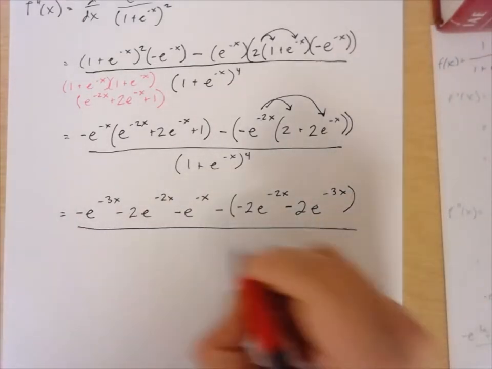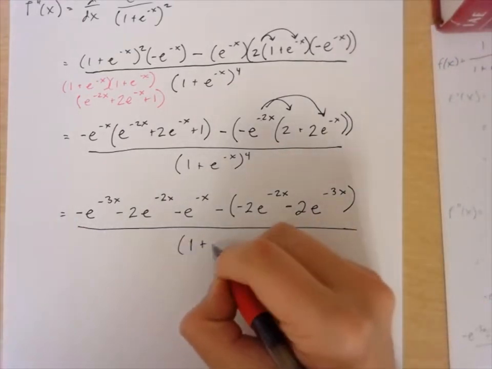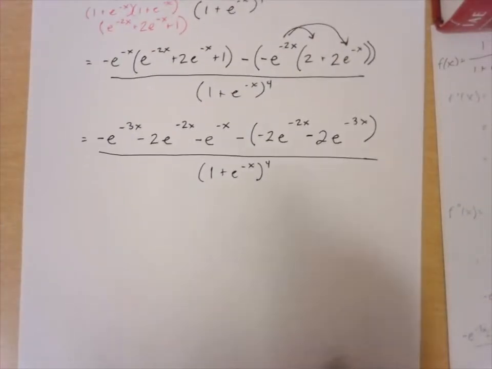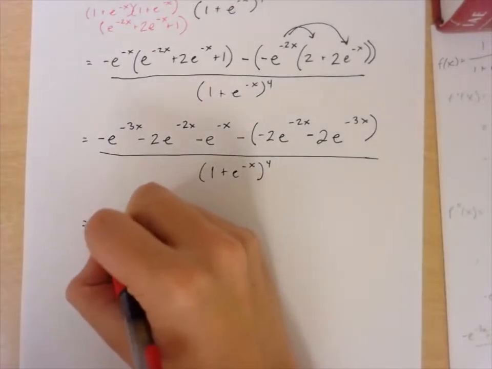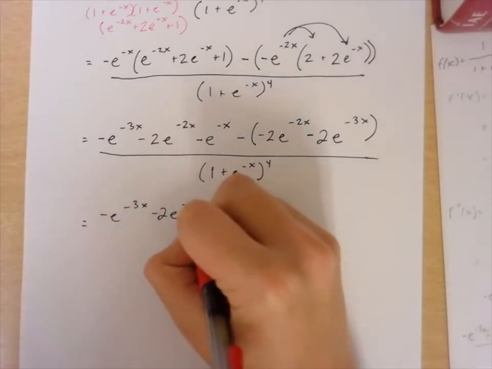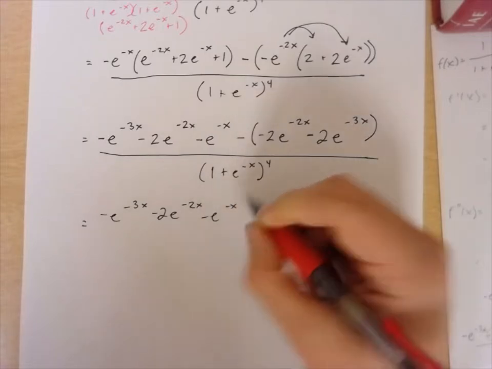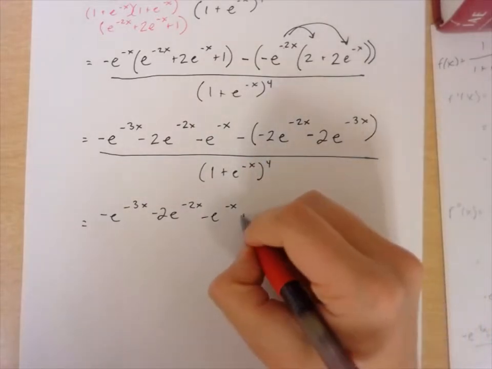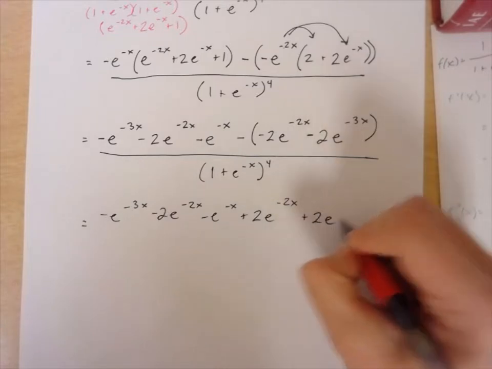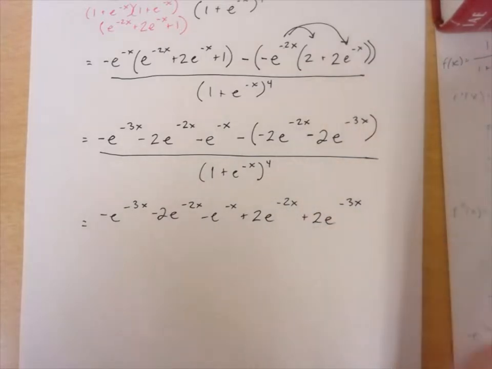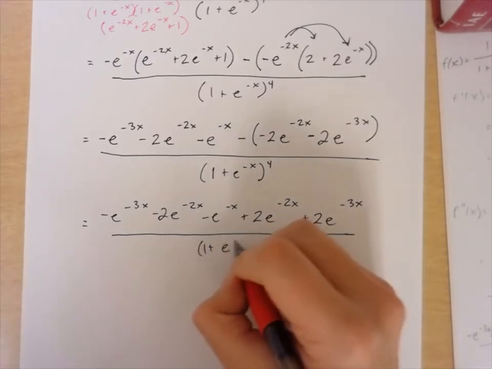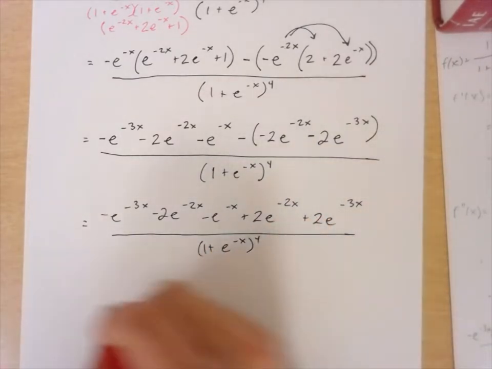And I have this all over 1 plus e to the negative x to the 4th. Okay, we're almost there. Negative e to the negative 3x minus 2e to the negative 2x minus e to the negative x, and now I'm going to change my signs, plus 2e to the negative 2x plus 2e to the negative 3x, all over 1 plus e to the negative x to the 4th.